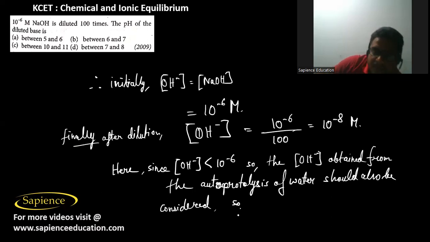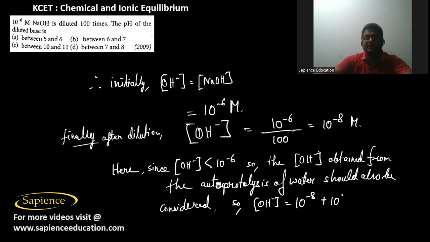So the net hydroxide ion concentration will be equal to 10 power minus 8 plus 10 power minus 7, since it is obtained from the autoprotolysis of water.